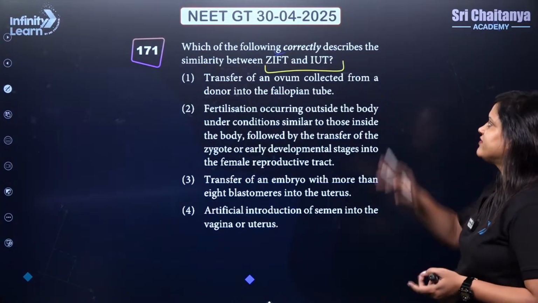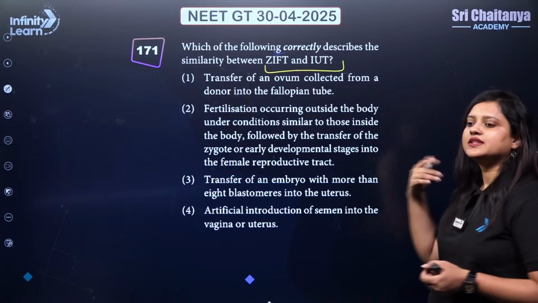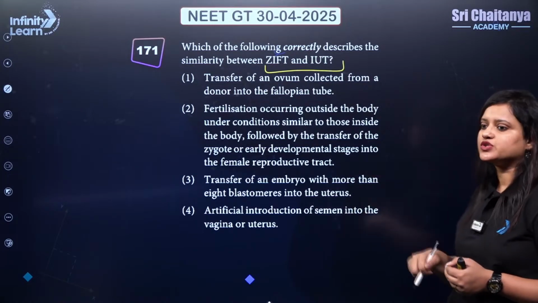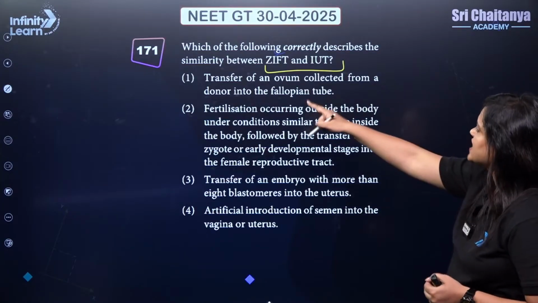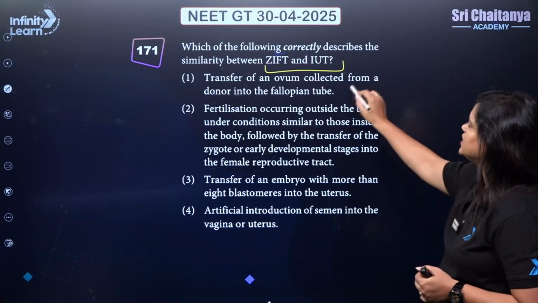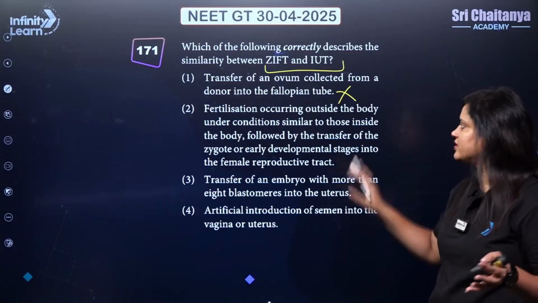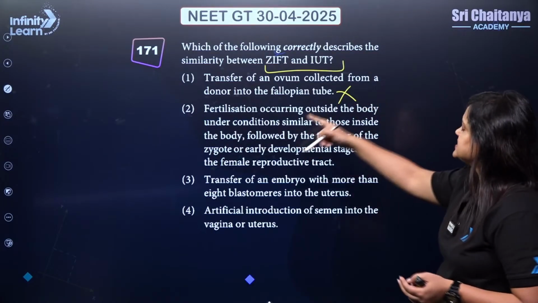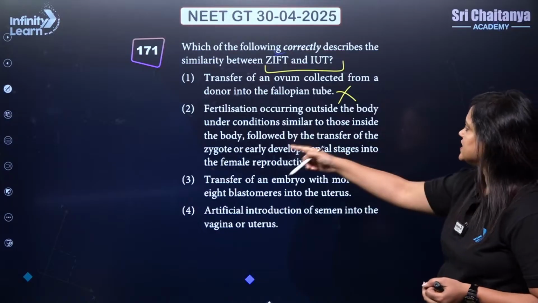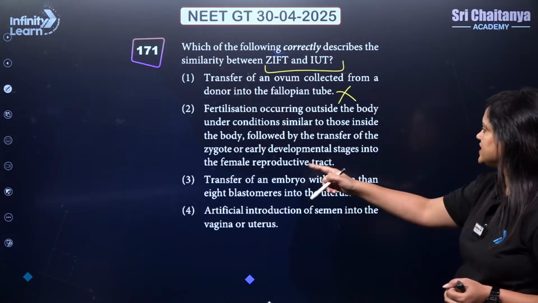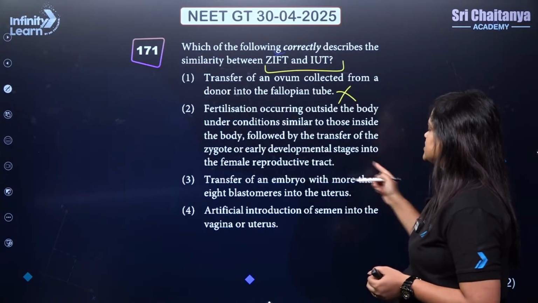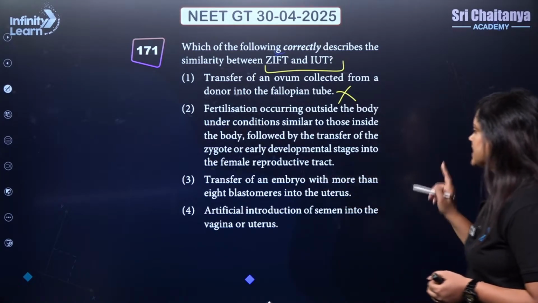But in case of intrauterine transfer, the embryo with more than 8 blastomere stage will be introduced into the uterus. So transfer of an ovum collected, no, there will be never a transfer of ovum in ZIFT and IUT. Fertilization occur outside the body under conditions similar to those inside the body, followed by the transfer of zygote or early development stage into the female reproductive tract.